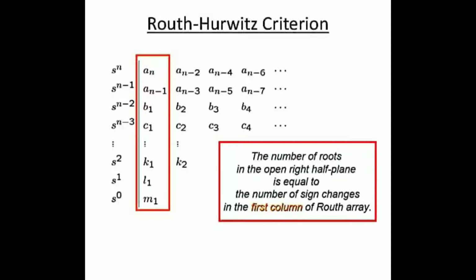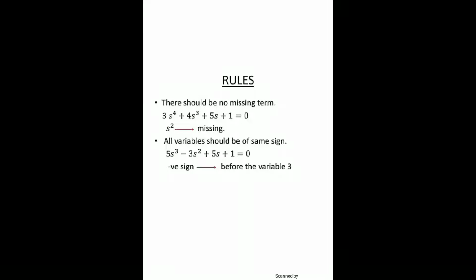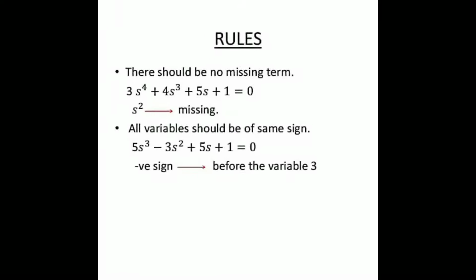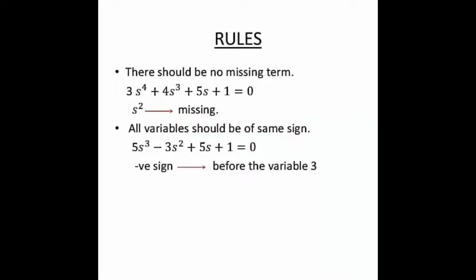So the formula is: number of sign changes is equal to number of poles in the right half of S plane. Now we'll see how to find the various elements in the various rows of the Routh array. And there is one rule: there should not be a missing term in the characteristic equation. If there is any missing term, then the system is unstable.